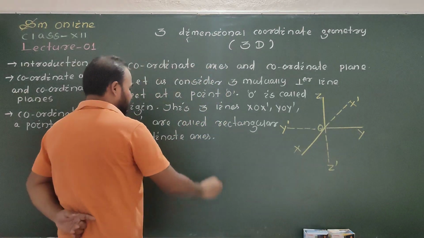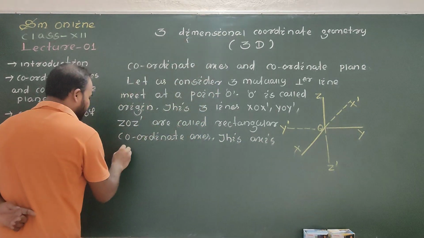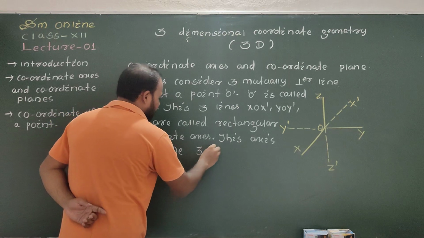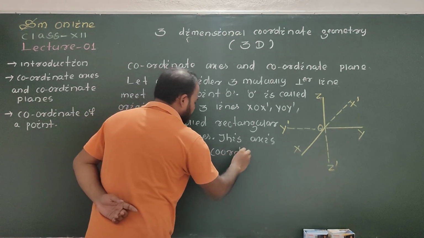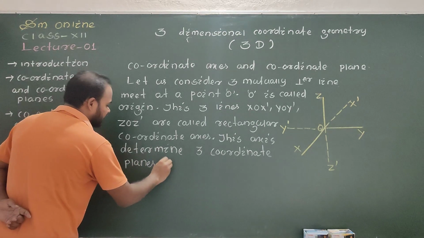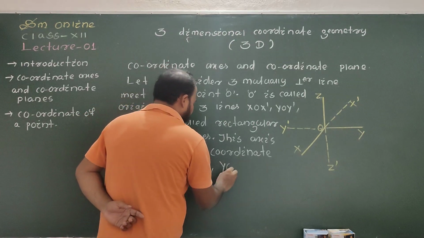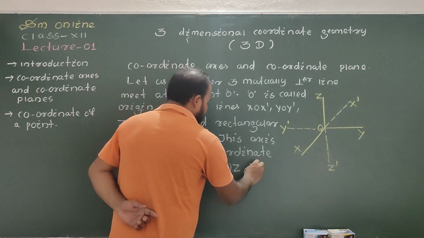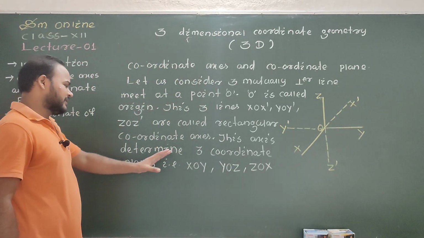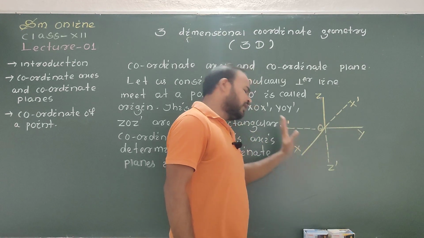Okay, these three coordinate axes determine three coordinate planes, that is x o y, y o z and z o x.